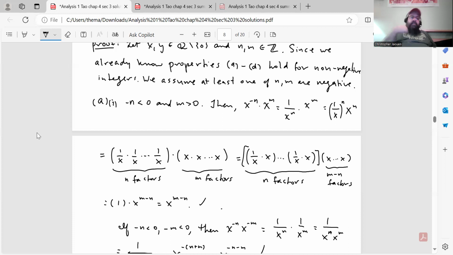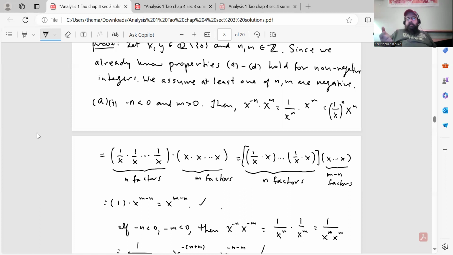That's 1 over x times itself n times, and we have x to the m is x times itself m times, and then we could just use the commutative law and the associative law to re-associate things. Then we get 1 over x times itself n times, all of those equal to 1, because when you multiply reciprocals by each other, you get 1.